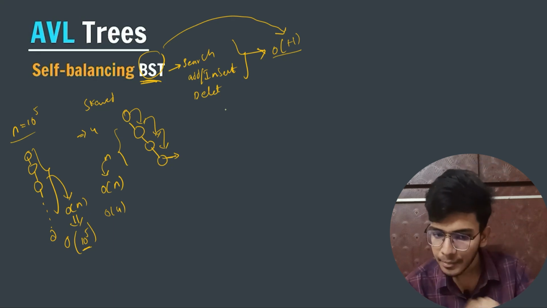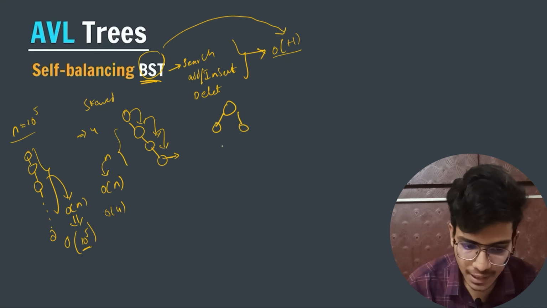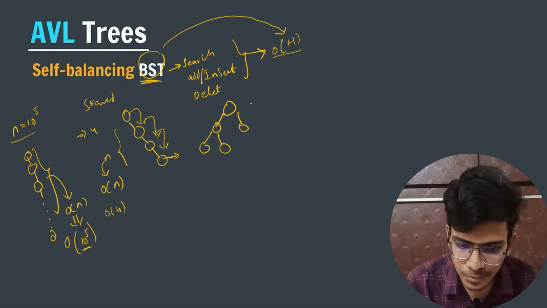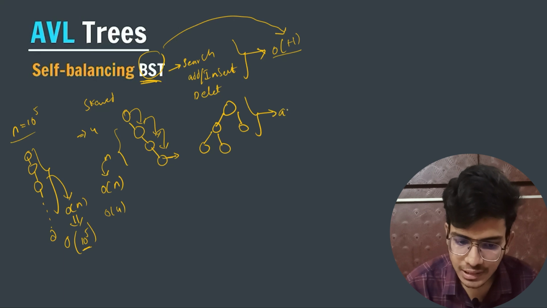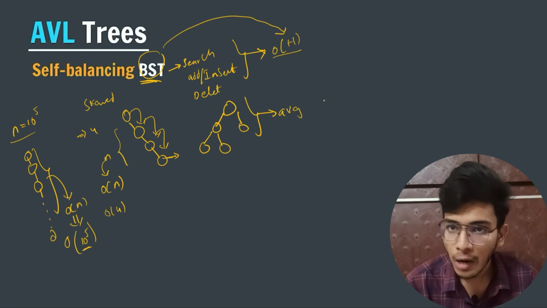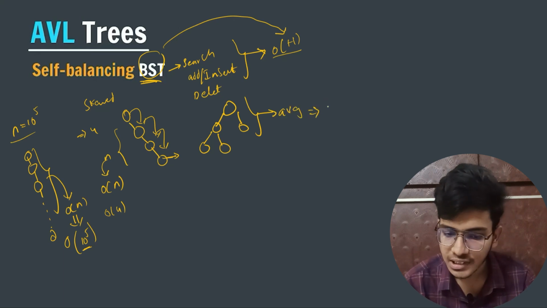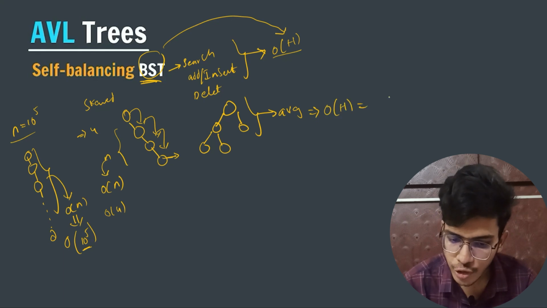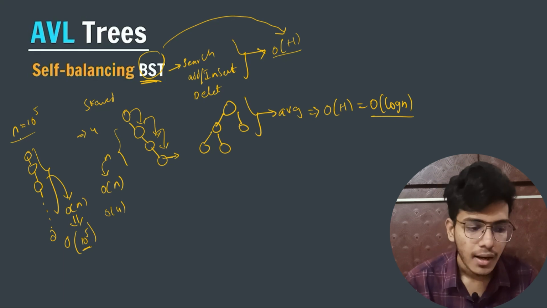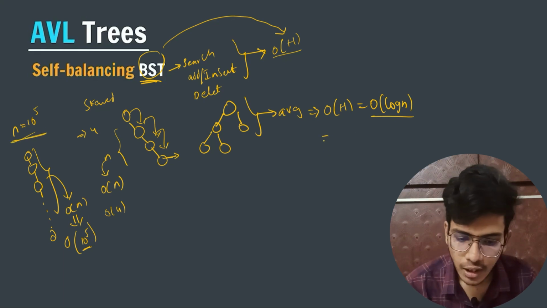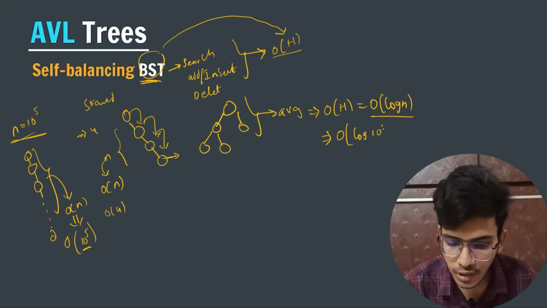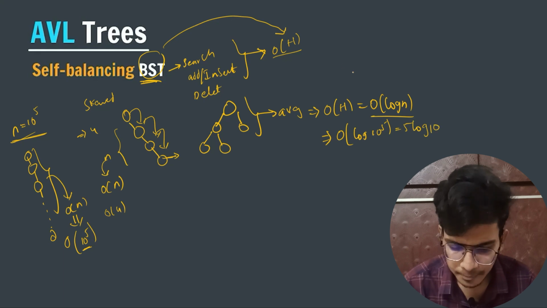Whereas if you compare a balanced BST, let's say this is my balanced BST, and this generally comes in the average cases, and I have told you that for average cases the time complexity will become O(H), that is O(log n). Now if my n is equal to 10 to the power of 5, then my time complexity will become log of 10 to the power of 5, that is nothing but 5 times log 10.